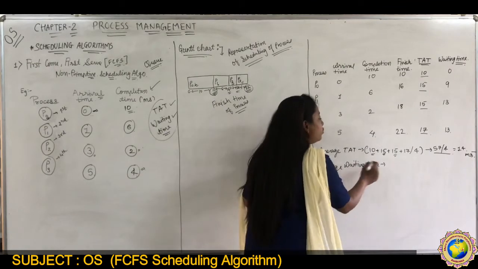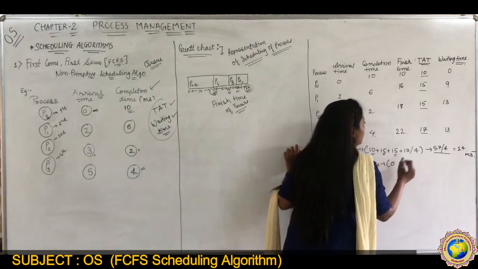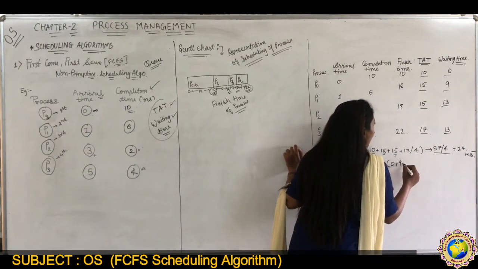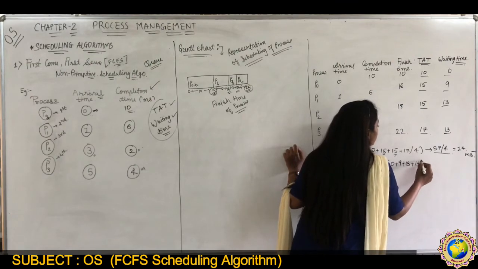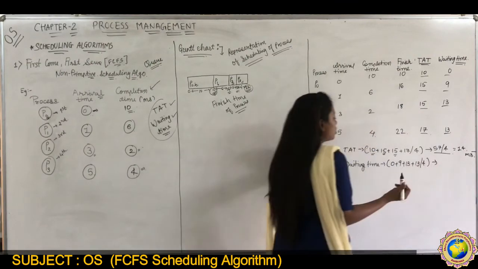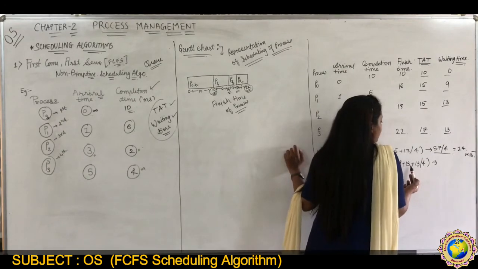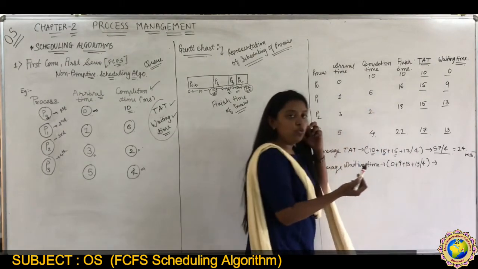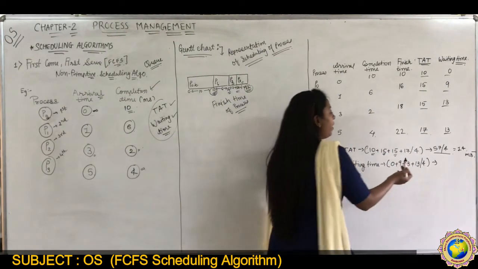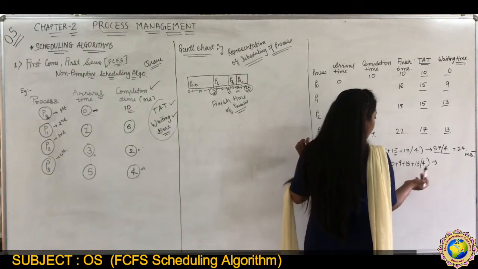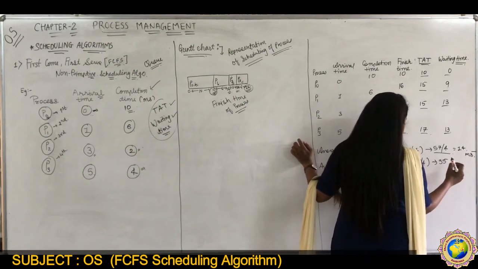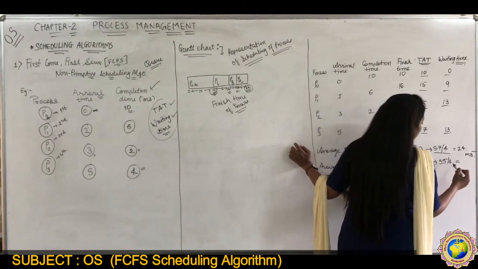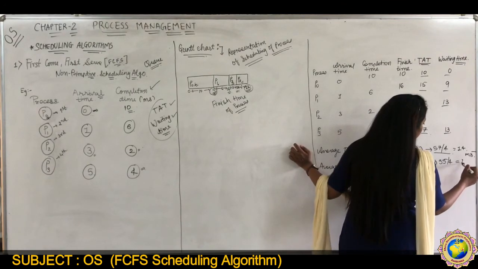And what about the average waiting time? It is the same: 0 plus 9 plus 13 plus 13, divided by 4. 9 plus 13 is 22, 22 plus 13 is 35, and 35 divided by 4 is 8 point something.